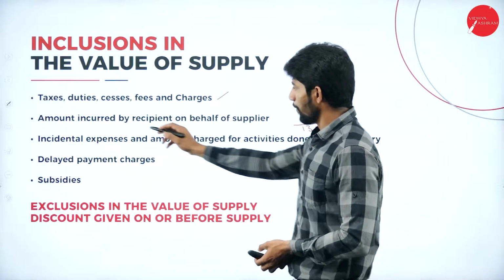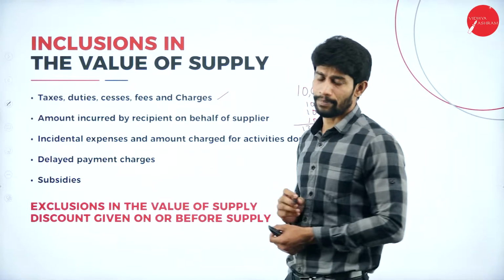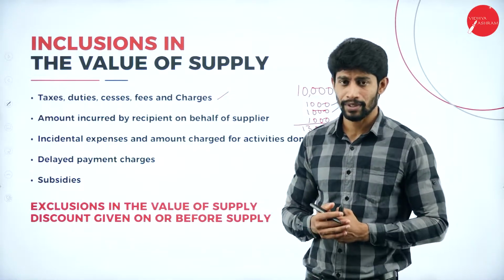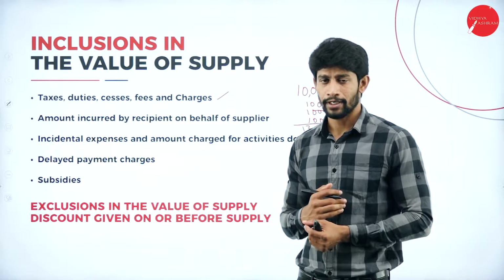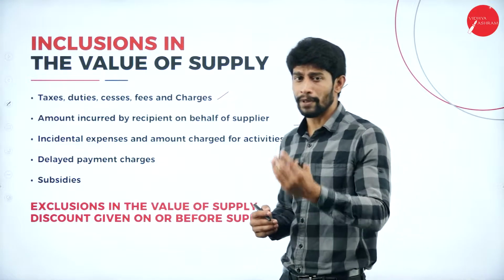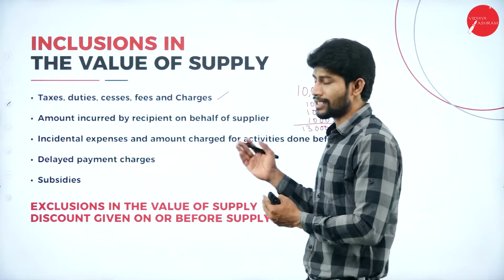Next one, amount incurred by the recipient on behalf of the supplier. Yes, the supplier is going to supply the goods or the services to the recipient, but on behalf of the supplier, the recipient is going to pay the amount for some expenditures, say packing charges.